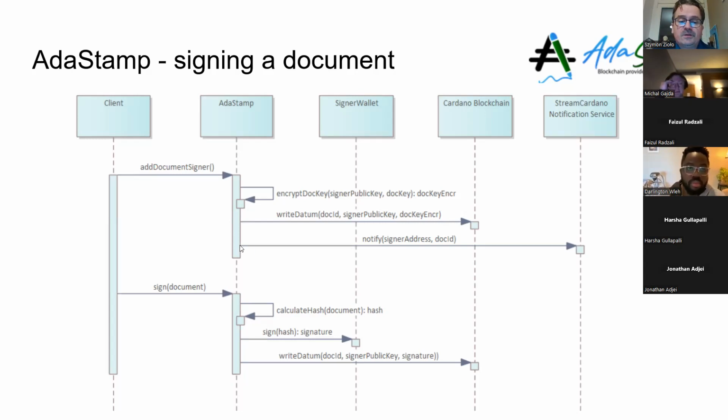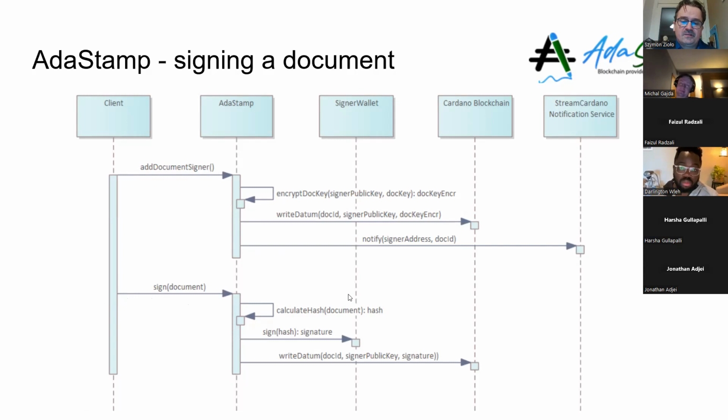And of course, we will notify the signer. That's why the StreamCardano notification service goes here. And then when the signer wants to sign the document, AdaStamp needs to calculate the hash, because of course we sign just the hash.